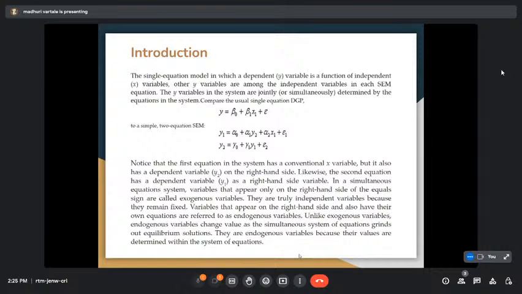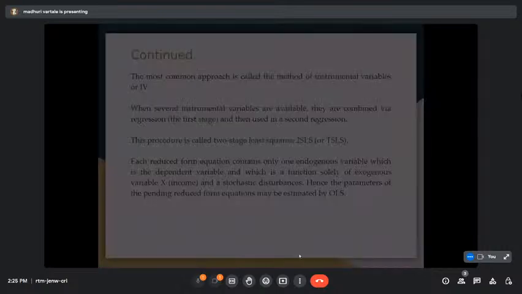Unlike exogenous variables, endogenous variables change value as the simultaneous system of equations reaches equilibrium solutions. So they are endogenous because their values are determined within the system of equations.